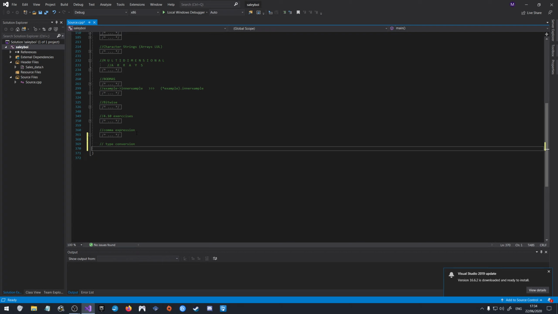Anyway, returning to our publication here, type conversion. So the second part of this example they have is some addition, a float added to an int, and then assigned to an int.